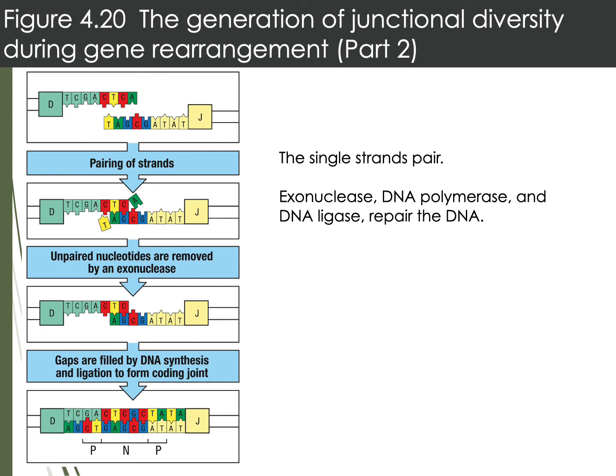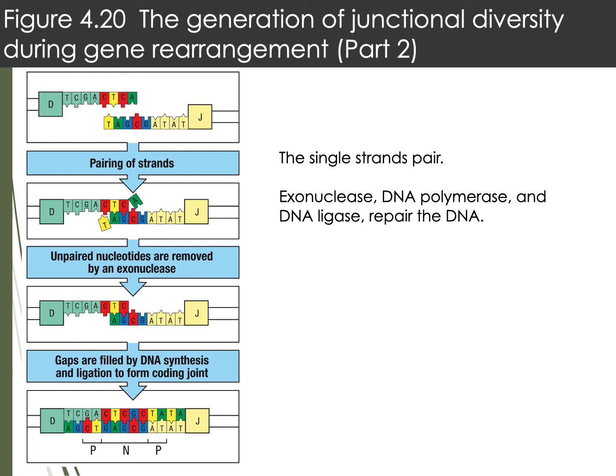These N nucleotides have been added in randomly, and by chance they end up pairing together because base pairs pair. Remember intro bio. Then any of the ones that don't match get removed by exonucleases.